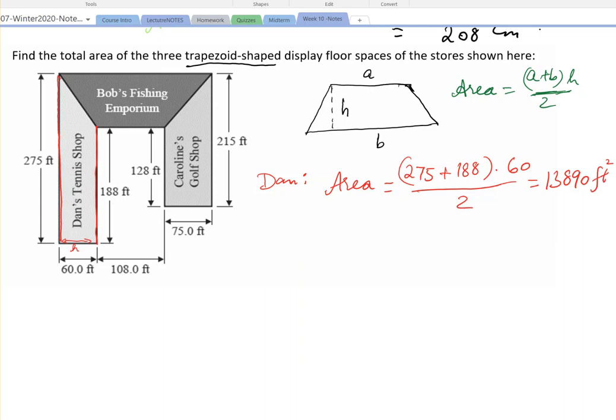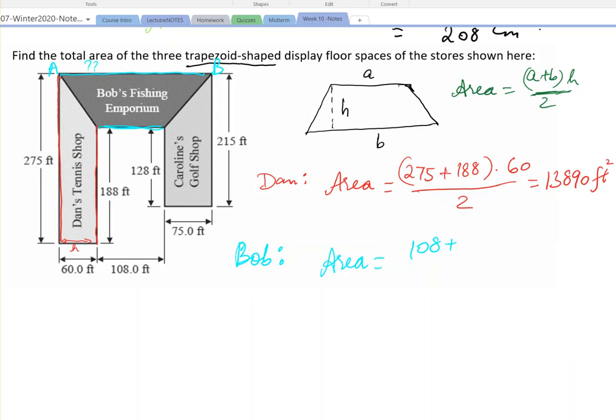Next, we move on to Bob's Fishing Emporium. To figure out the area, it should be the sum of the parallel sides. One side we know is given as 108. But what about this side? I'm going to call this side AB.